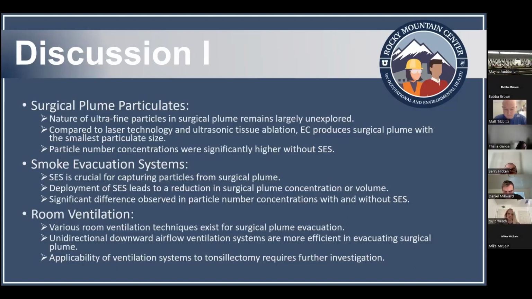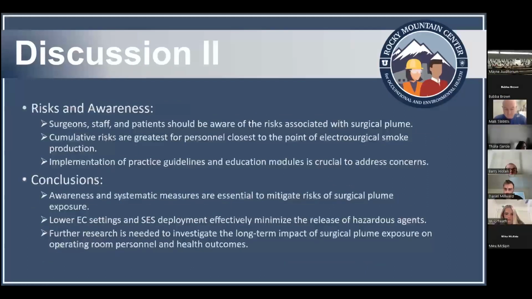And then room ventilation, this is a very important concept, and we need to quantify this when we do our sampling or measurements, because this affects the overall result, because it's different from system to system, from room to room. So we need to make sure that we account for this.